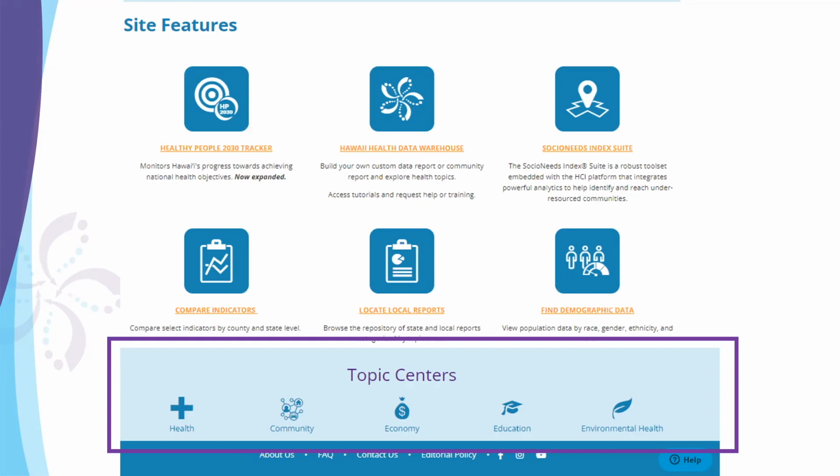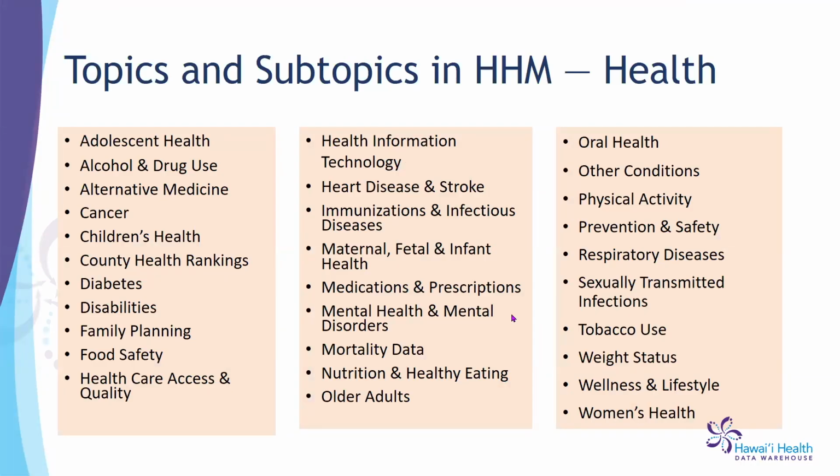HHM uses the Healthy People framework to organize topics and subtopics across the system. So the topics include health, community, economy, education, and environmental health. And the subtopics are used to look at more specific areas within these broad categories. So here you can see the subtopics that are available for health.